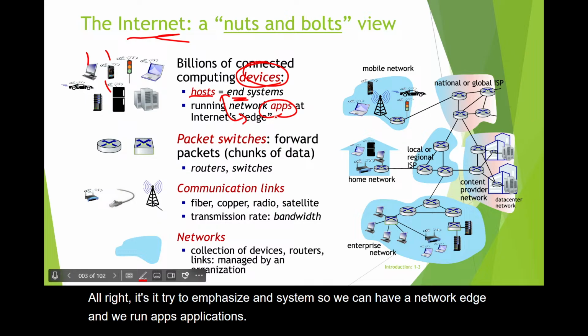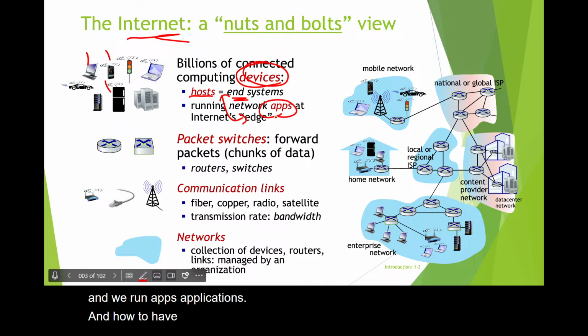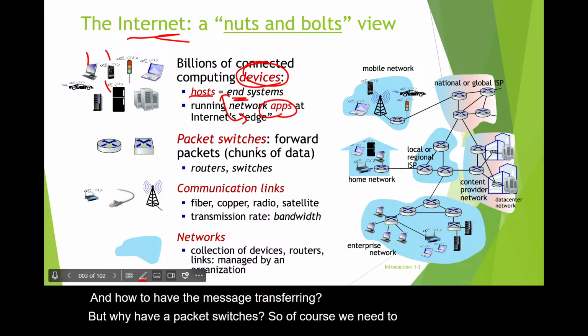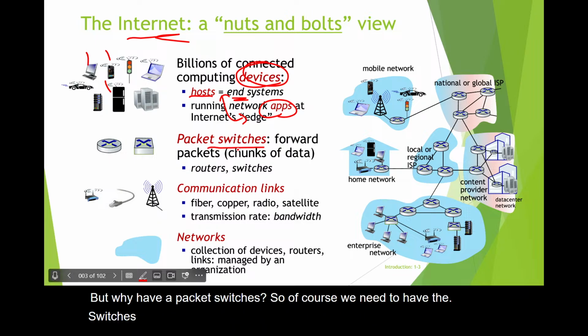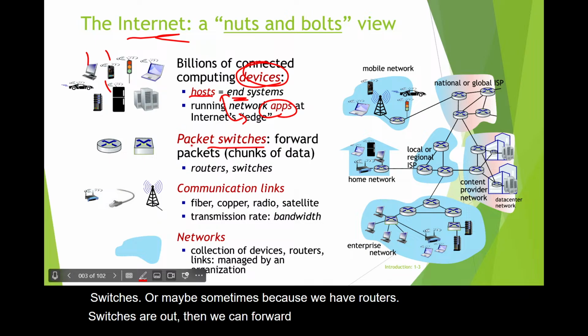And how is the message transferred? We will have packet switches. So of course we need switches, or maybe sometimes routers. With switches or routers, we can forward packets. Here we have the term packet.